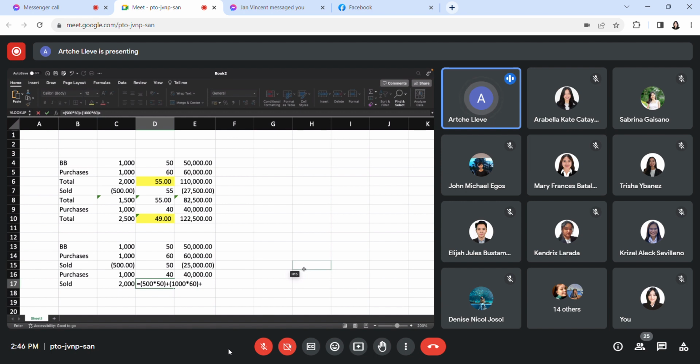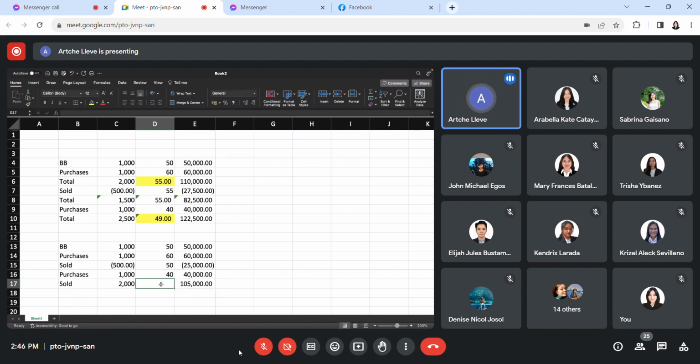Asa man na to kuhaan ang 500 na usa? At which price should we use? 40. Sa 40. Okay, 40. So definitely, ano man eh? So 10,000, 105,000. So yeah, for the sold.